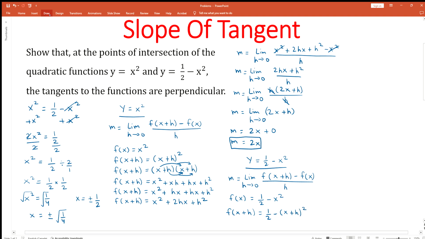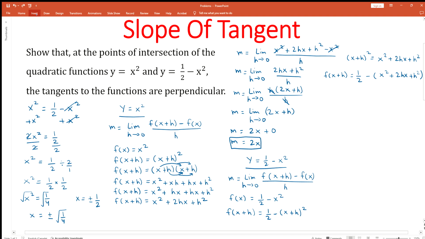As per our analysis for the first function, x plus h squared is equal to x squared plus 2hx plus h squared. We can use this expression in f at x plus h. So f at x plus h becomes equal to 1 over 2 minus x squared plus 2hx plus h squared.